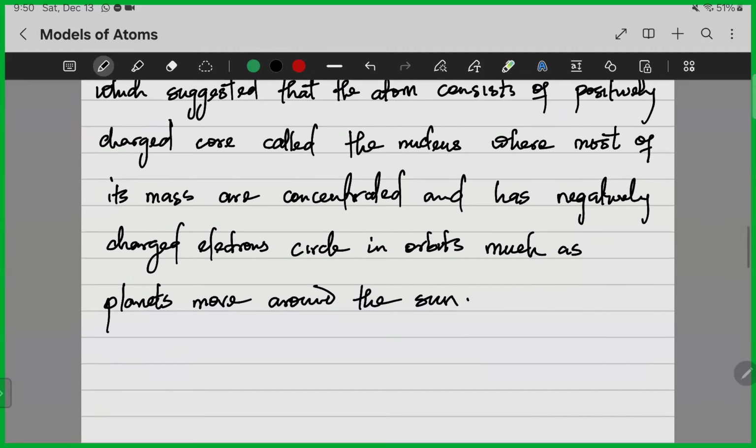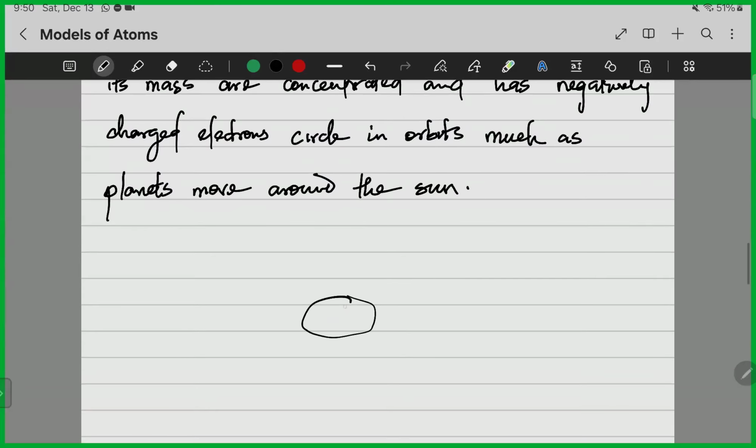So the idea of this model is that, diagrammatically, there is a nucleus at the center which has protons, positive charges inside.